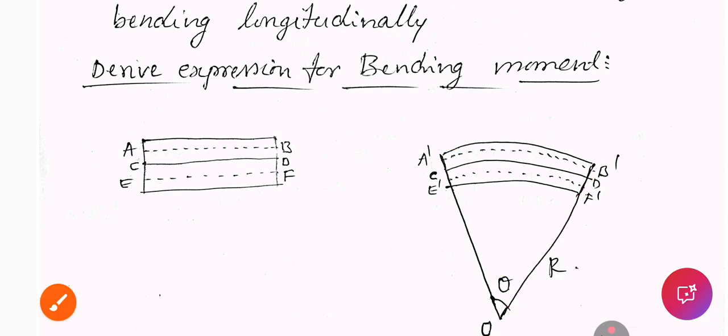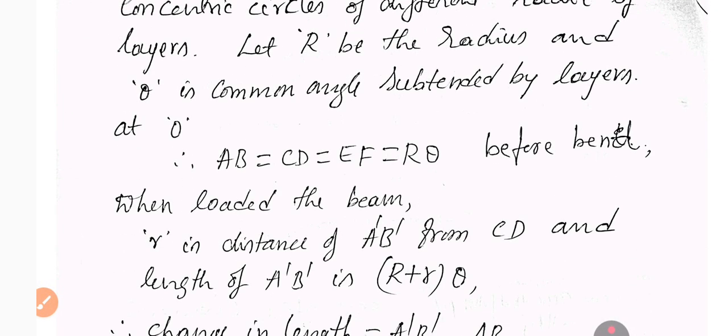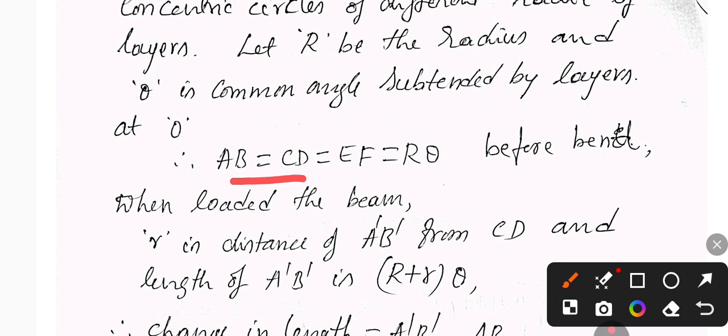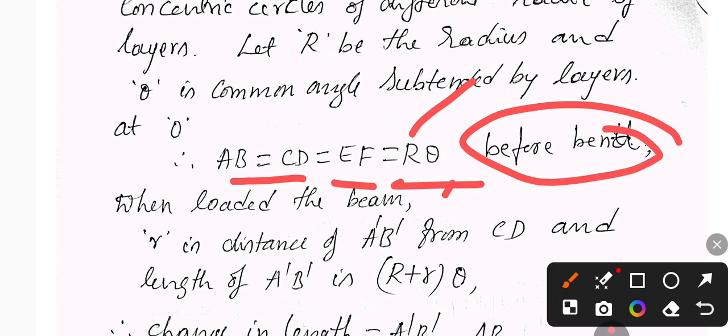Then we say that AB is equal to CD equal to EF, that is equal to R into theta. R is the radius of the subtended circle, and theta is the angle. This can be considered as the original length, that is R theta.